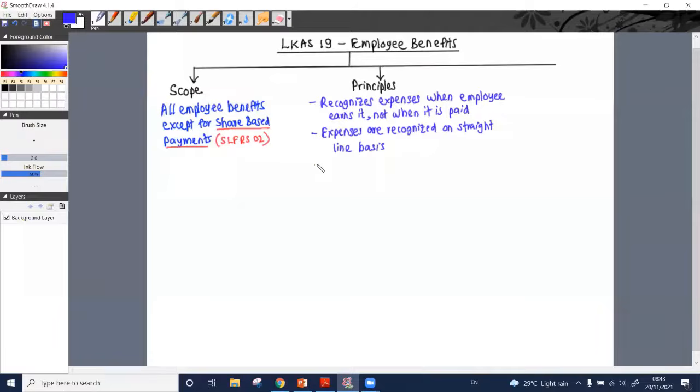And then the third principle is when it comes to employee benefits.